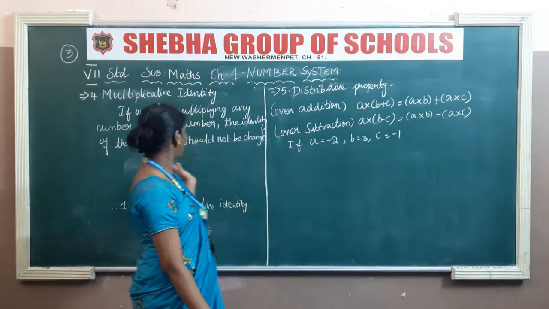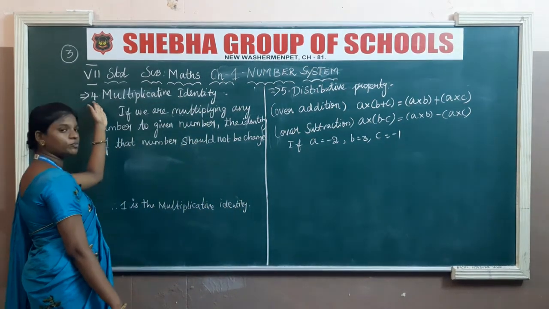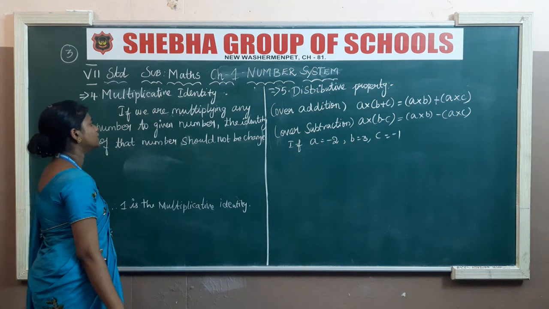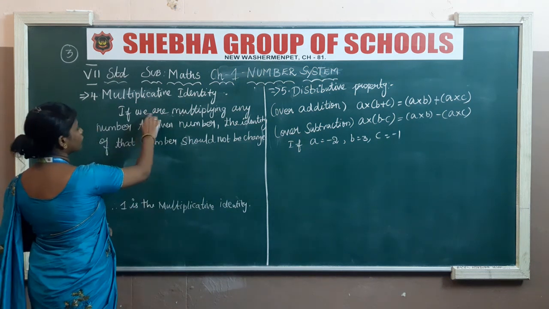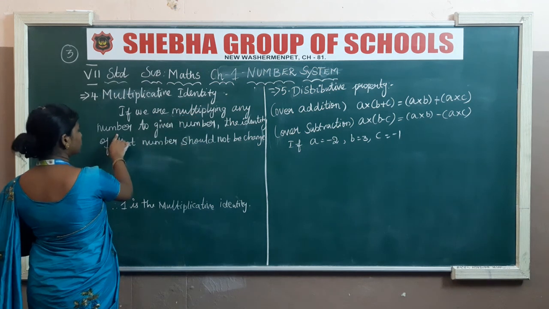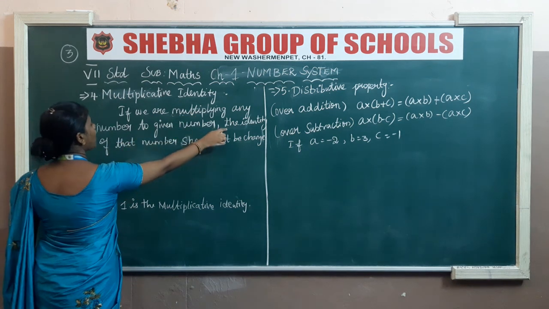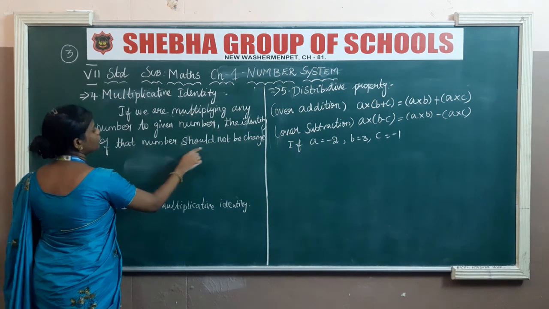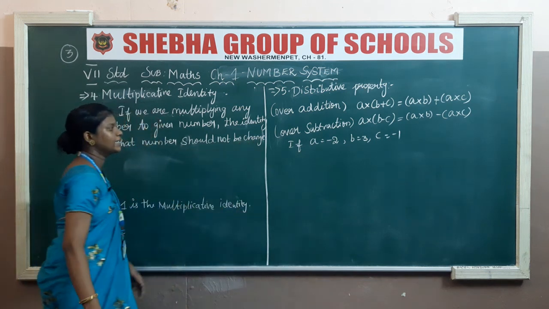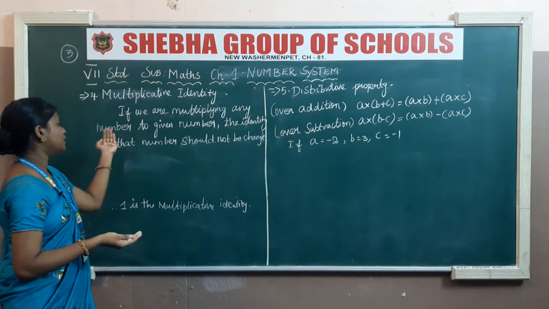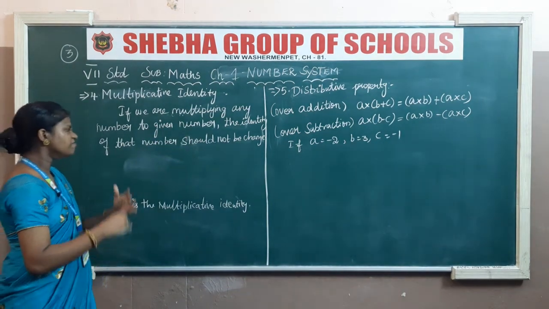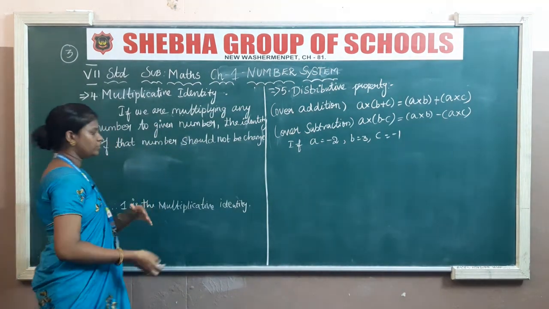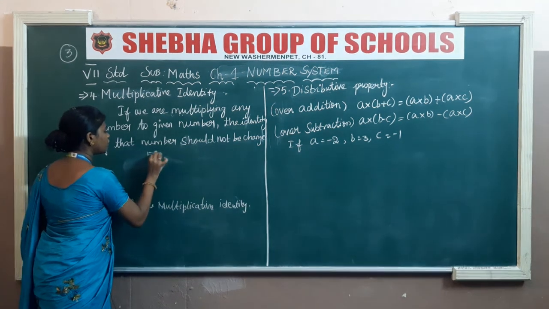Let's move on. The fourth property is the multiplicative identity. If we multiply any number by a given number, the identity of that number should not be changed. For example, 5 into 1.